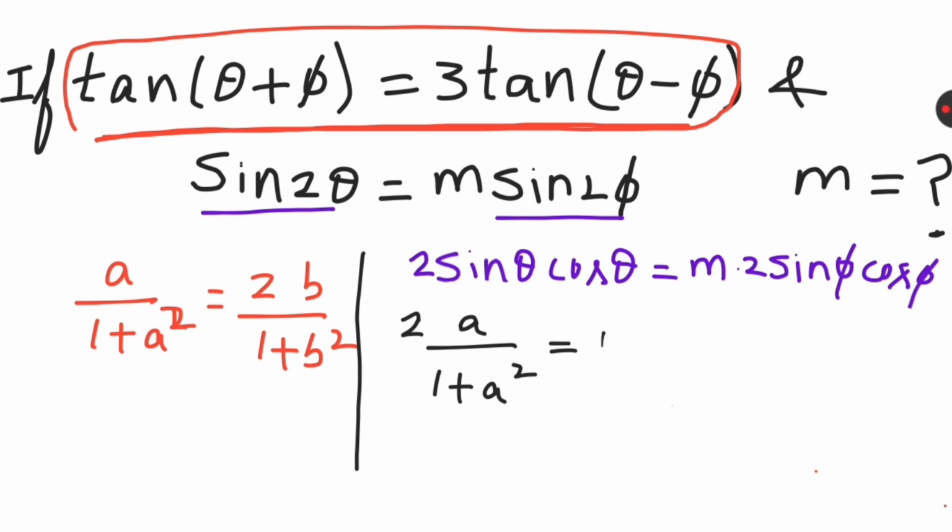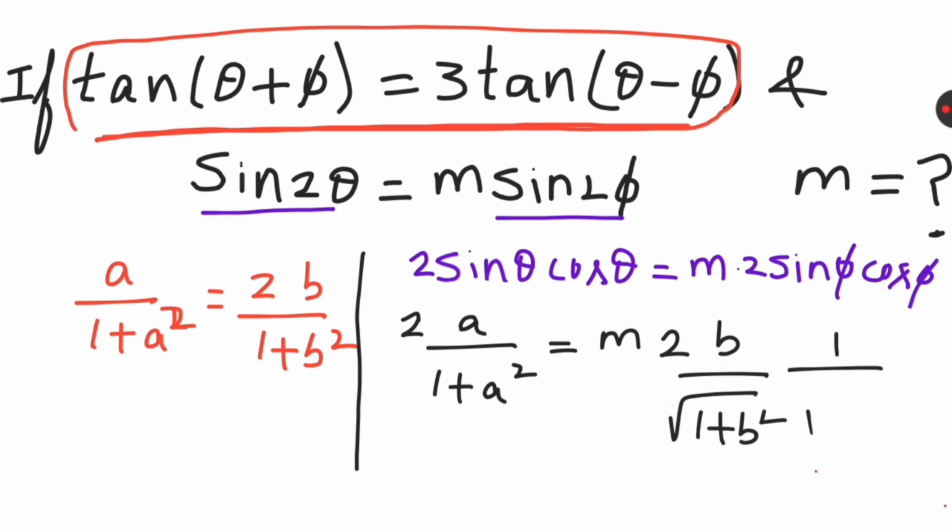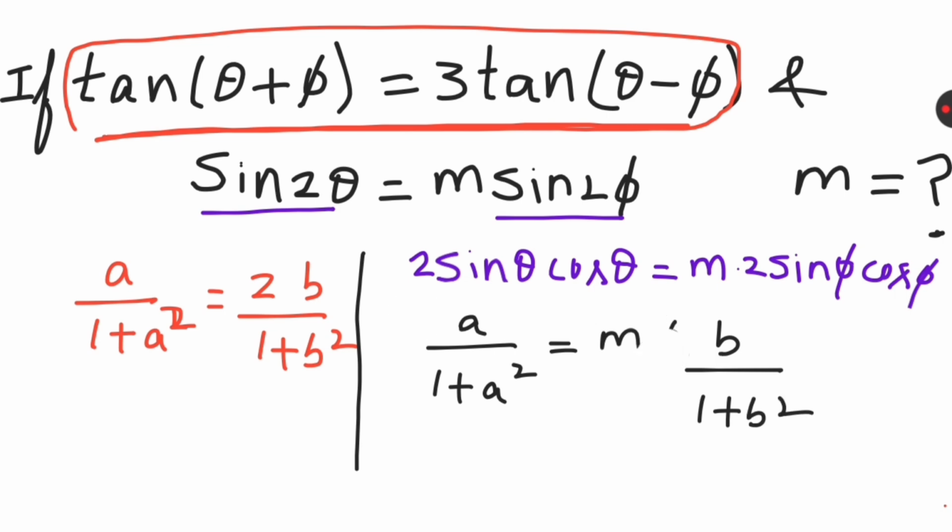That is equal to m times, what is sin pi? Which is b over square root of 1 plus b power 2. What is cos pi? 1 over square root of 1 plus b power 2. Here also, the square root of this term times the square root of this term, if you multiply, we are left with only 1 plus b power 2. Here 2 and here 2 get cancelled. So we are left with only a over 1 plus a power 2, that is equal to m times b over 1 plus b power 2.